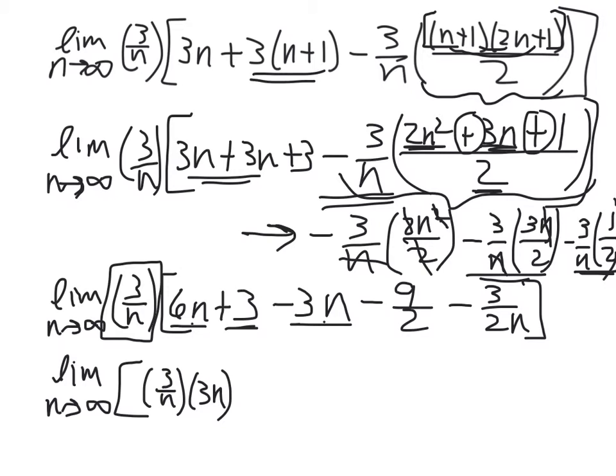The 3 minus 9 halves would be what? Okay, negative 3 halves. It would be 6 halves minus 9 halves. So minus the 3 over n times the negative 3 halves. Actually, no. It's positive 3 over n times the negative 3 halves. And then our very last term.